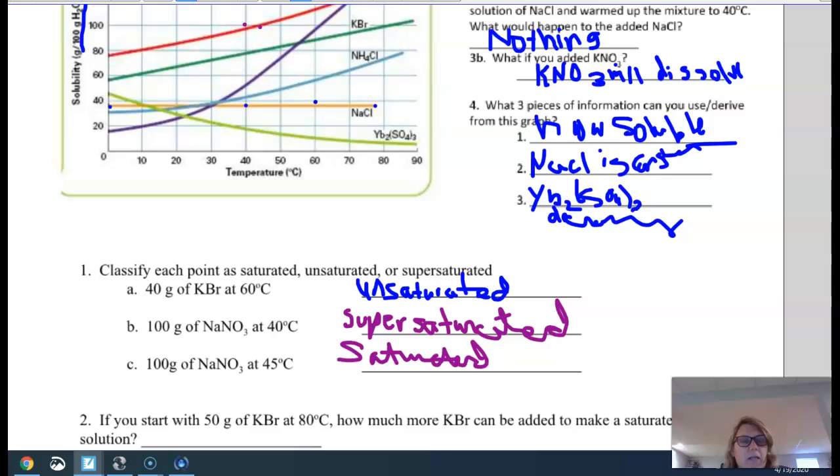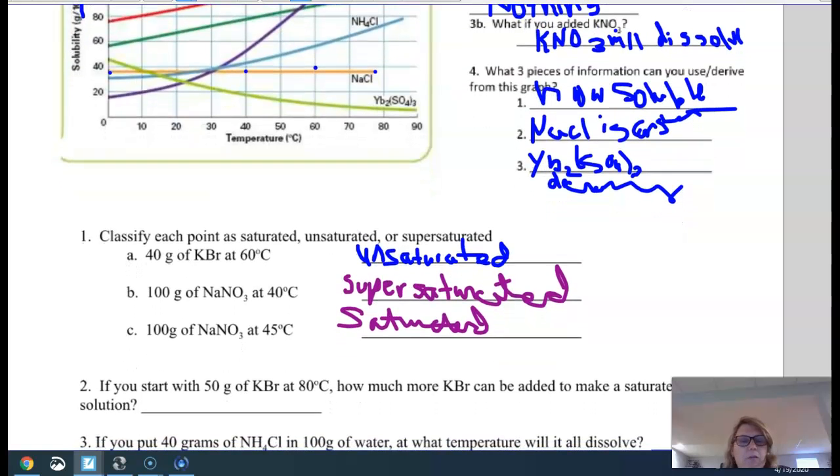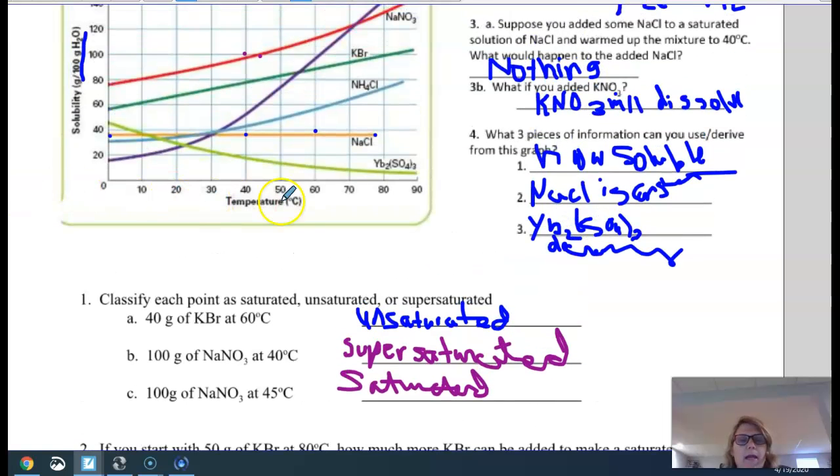Okay, so let's finish answering some of these questions. If you start with 50 grams of KBr at 80 degrees Celsius, how much more KBr can be added to make it saturated? So 80 degrees KBr, that's this green line here, and it says if I start with 50 grams.